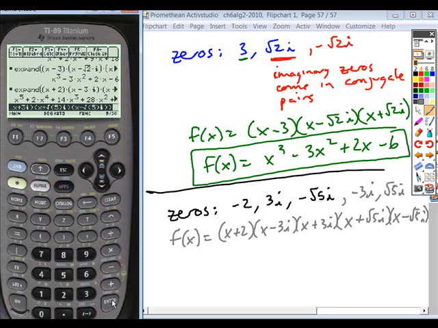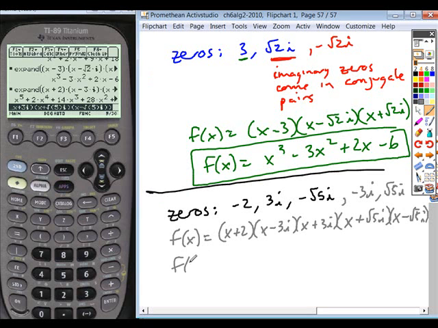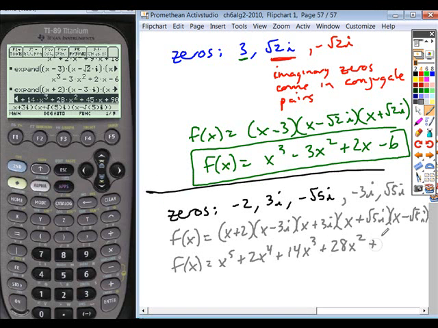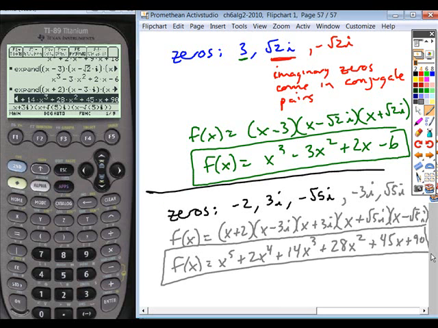And when I do, it's what I expect. The highest power is a 5. So x to the fifth plus 2x to the fourth. Again, you have to extend the display. And so this would be the function that can be created using those given zeros.